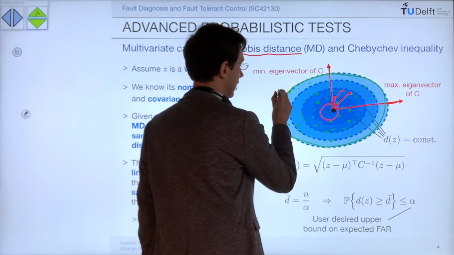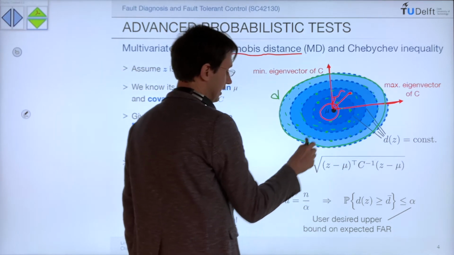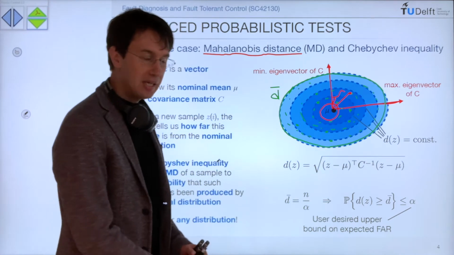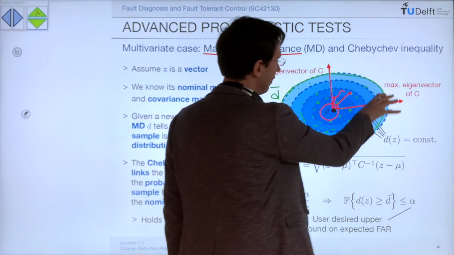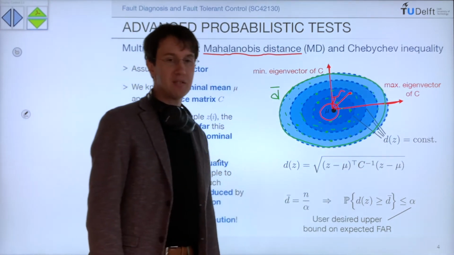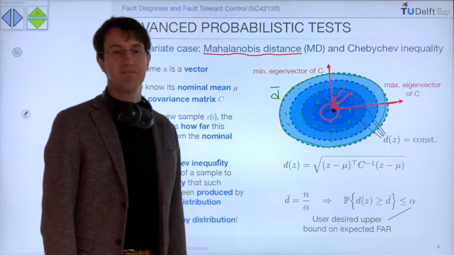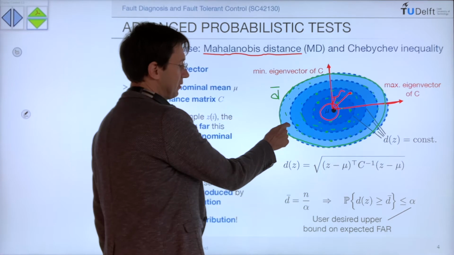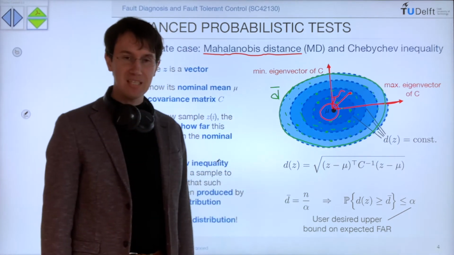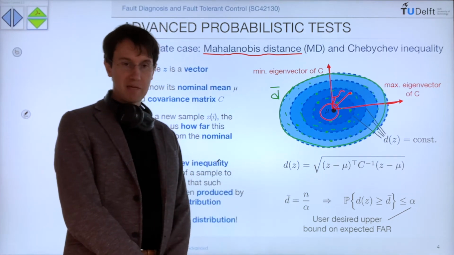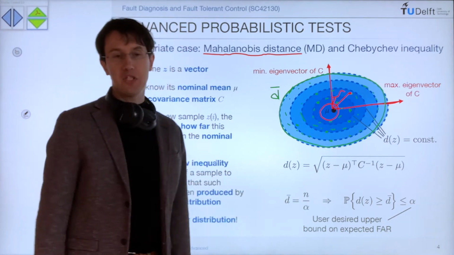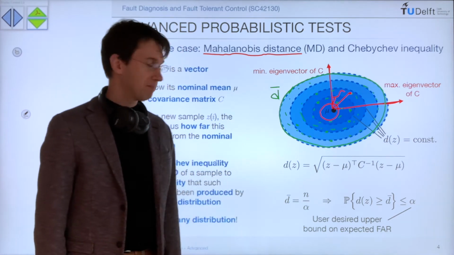So the ellipse that has a distance equal to D overbar is bounding all the values of the samples of Z that I get in nominal conditions. So if my sample is inside, I confirm the null hypothesis. If it is outside, I reject the null hypothesis.